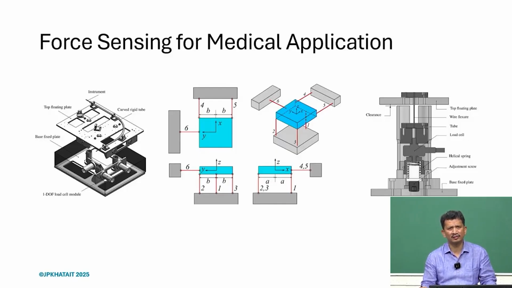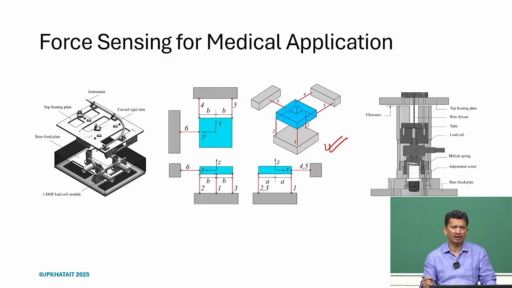It should be exact constraint, deterministic. So therefore, what you see here in these designs, if you look at them closely, again we have used the 3-to-1 principle, which is used in machines and in metrology to constrain the system. And later we will realize that these wire-like things we call wire flexures.